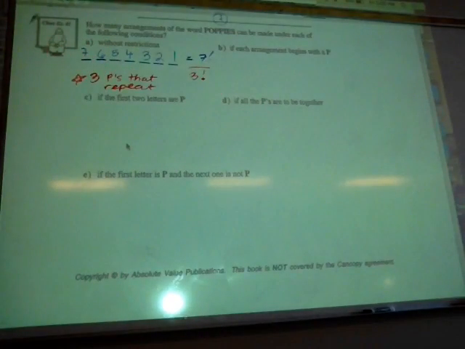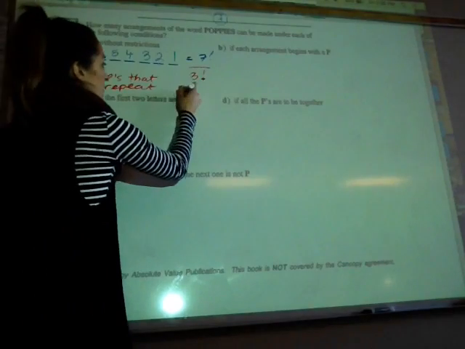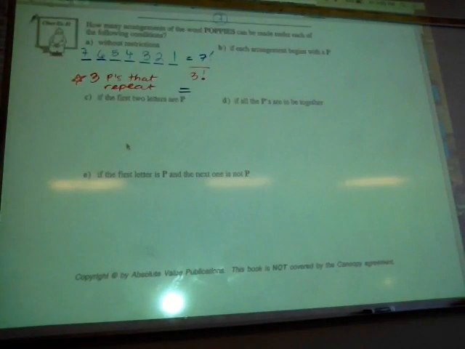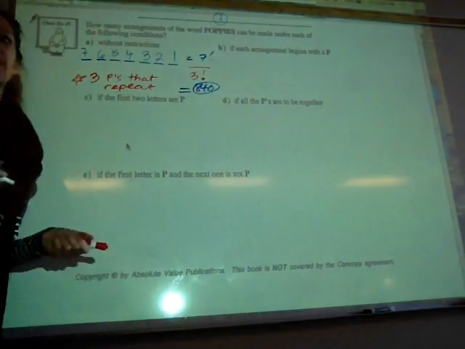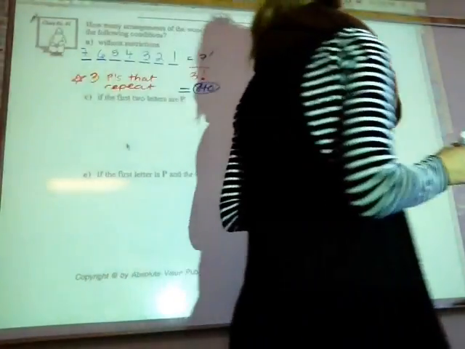Anytime you see a repeat, you have to divide by what repeats and how many times. So if you guys just help me out, 7 factorial divided by 3 factorial. 7 times 6 times 5 times 4 is? 840. Or you could just put 7 factorial divided by 3 factorial.